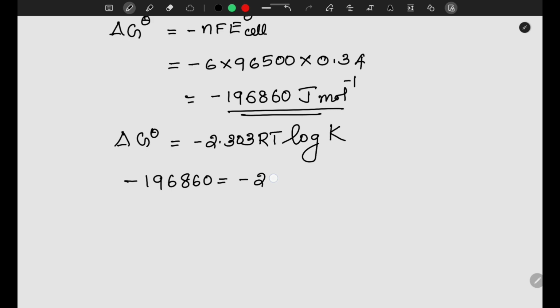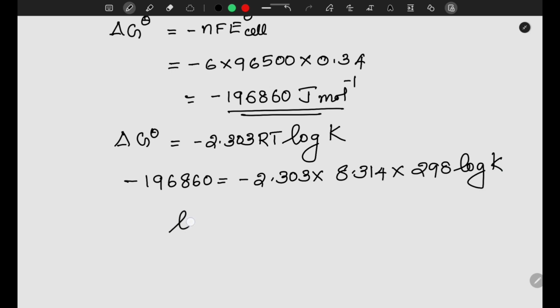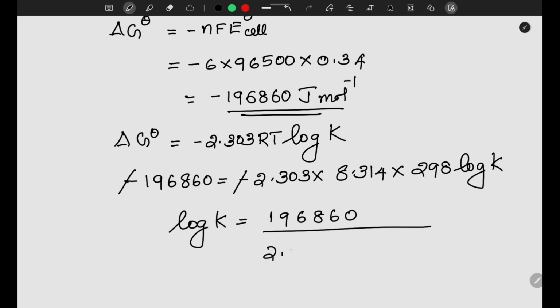Minus 196860 equals minus 2.303 into R value 8.314, temperature 298 Kelvin, 298 log K. So log K is equal to, let us cancel the negative sign from both sides, 196860 divided by 2.303 into 8.314 into 298.